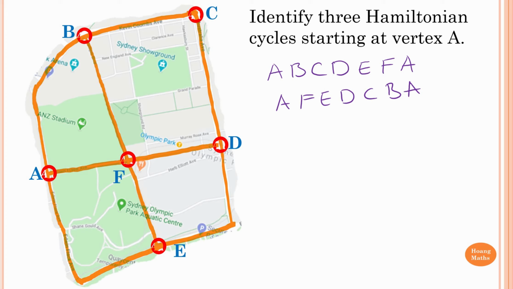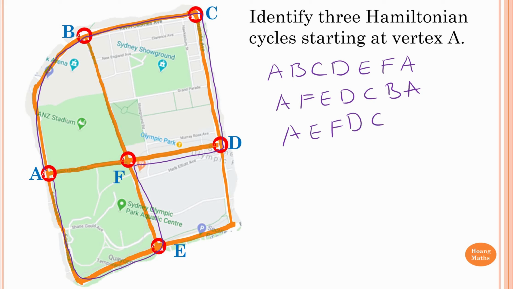Or I can go from I along here to E, and then to F, and to D, to C, to B, and then go back to I. So which is I, E, F, D, C, B, and I. So these are Hamiltonian cycles.